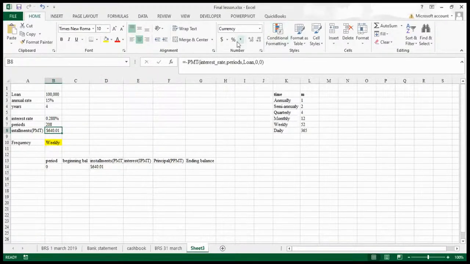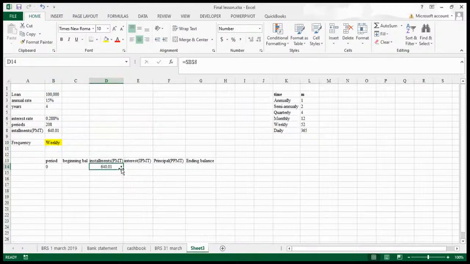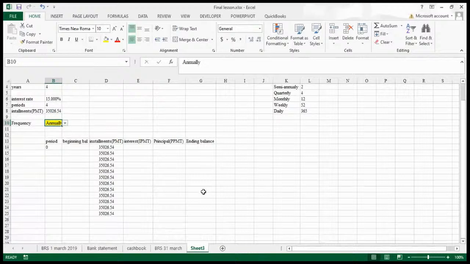So that is what we have there. We can decide to autofill it maybe to somewhere here. Let's make it to there. And under frequency, I want us to use annually for just some reasons that I will explain.